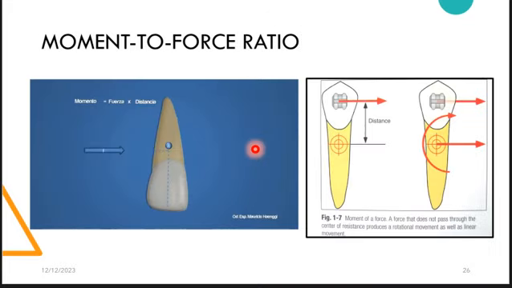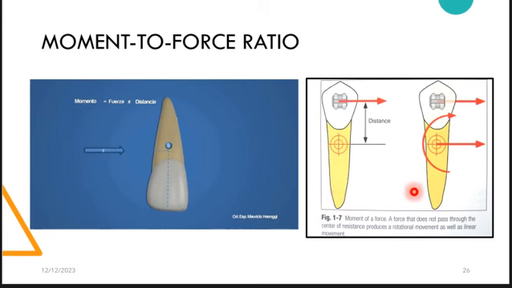Now coming on to moment to force ratio. Controlled tooth movement means having control of the centers of rotation of the teeth involved. So the forces are prescribed in the correct amount in order to achieve the desired tooth movement. The moment to force ratio at the CRes determines the stress pattern in the PDL. In other words, how a segment of rigidly connected teeth will move.